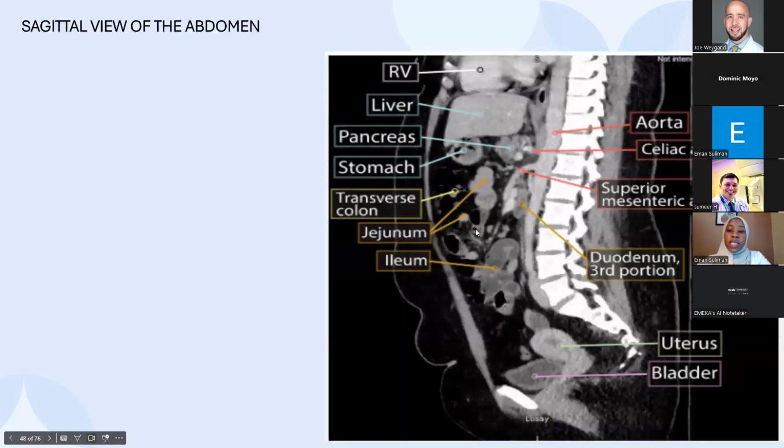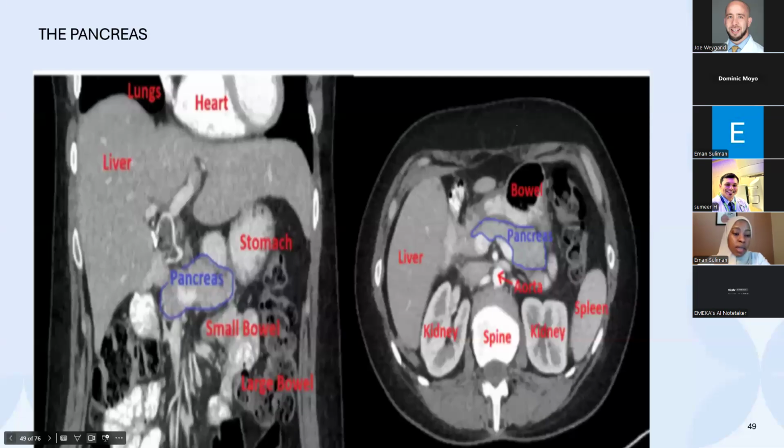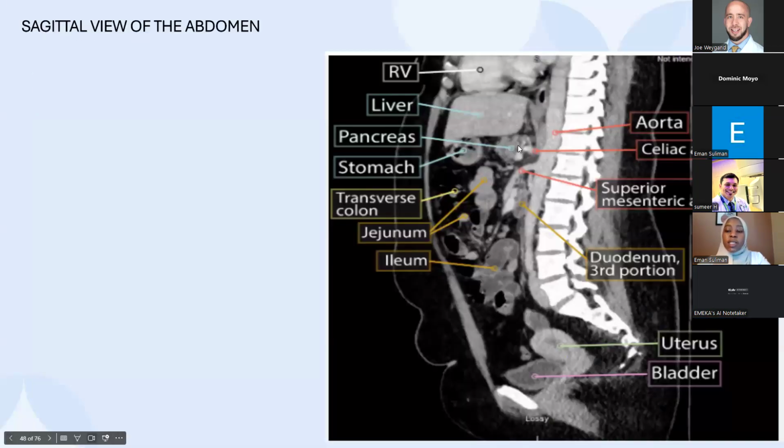Okay, this is a sagittal view of the abdomen. So we cut it into two equal halves, and now we're looking at it from the medial side. Here is the liver, and here is the pancreas. It lays at the very back of the abdomen. That's why pancreatic cancers are discovered late. And in the front here, we have the stomach.